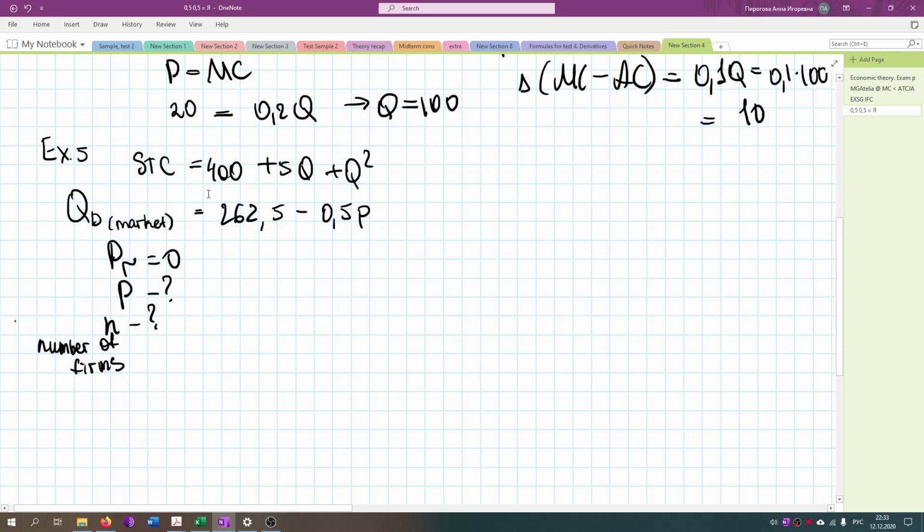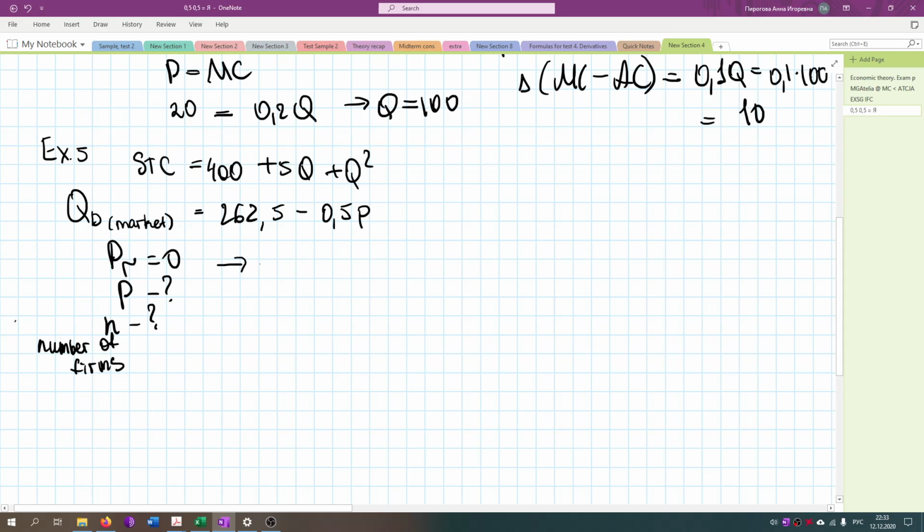Our next exercise is again about total cost, but in this case there are several firms in the market, and we are given short-run total cost function and also the function of demand in the market. So we know that profit is 0. We need to find the price and the number of firms.